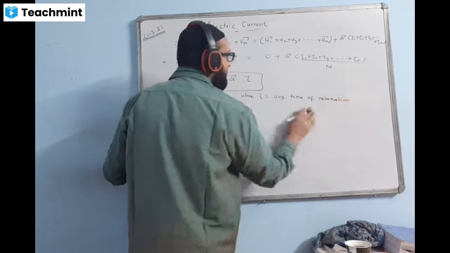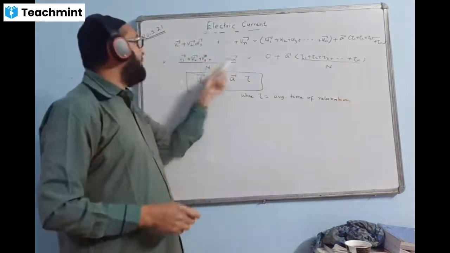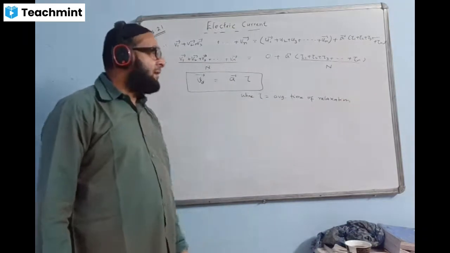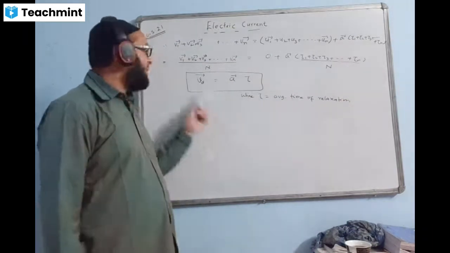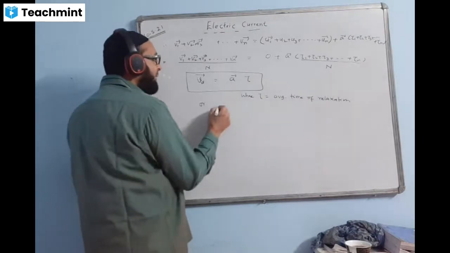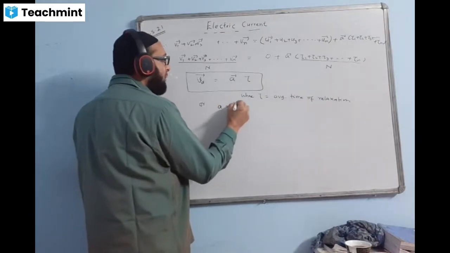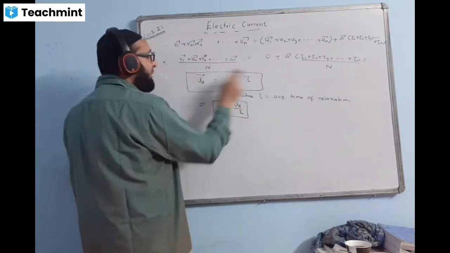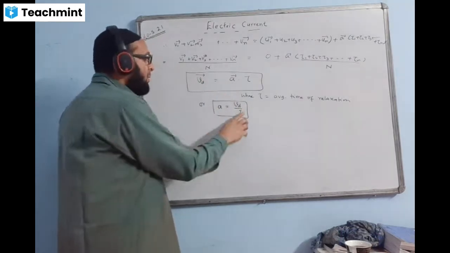This is the average velocity, which we call drift velocity. This is the average time, which we call average time of relaxation. So this is the relationship. Vd is equal to A tau, or magnitude wise we can write A is equal to Vd by tau.